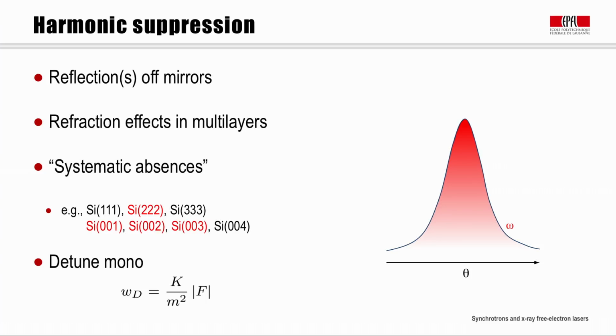Now F falls off with increasing M. Hence the Darwin width gets rapidly narrower with M. So only a moderate detuning and a modest loss of flux of the monochromator at the fundamental with M equals 1 will mean that the higher harmonics are much more detuned.